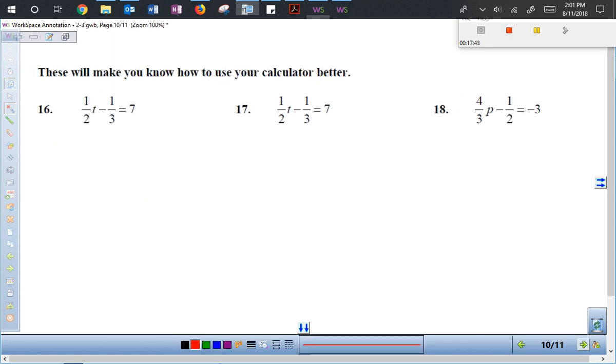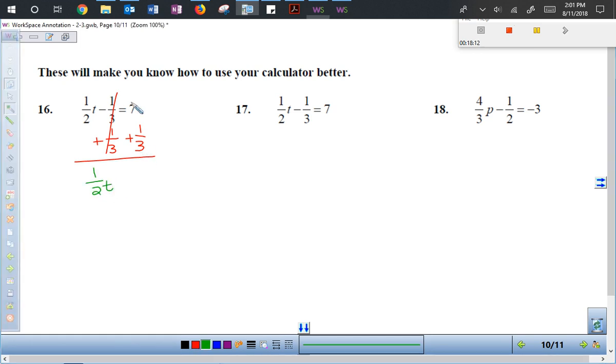Okay, number 16. Now we've got a couple more fractions, but it's not a big deal. We can use our calculator and simplify. So first we're going to handle any addition or subtraction. First I want to get rid of this -1/3, so I'm going to add 1/3 to each side. Now, on the left side, the 1/3 will cancel out and leave me with 1/2 t.